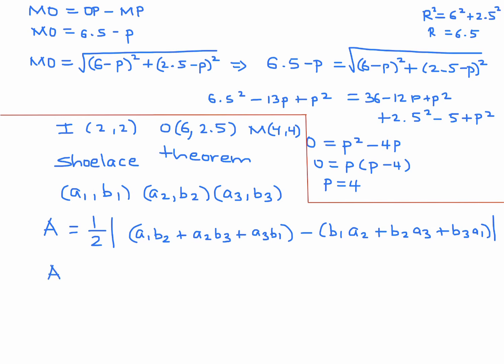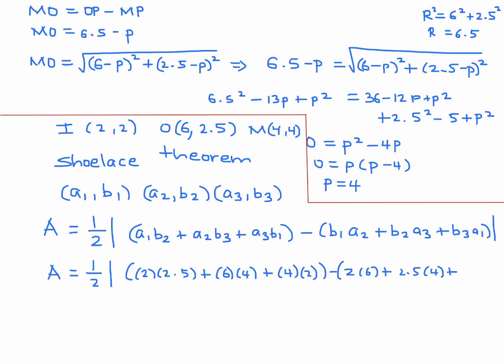So using that theorem on those coordinates, it would be 1/2 absolute value, so it would be 2 times 2.5 plus 6 times 4 plus 4 times 2. And then subtract from that 2 times 6 plus 2.5 times 4 plus 4 times 2.